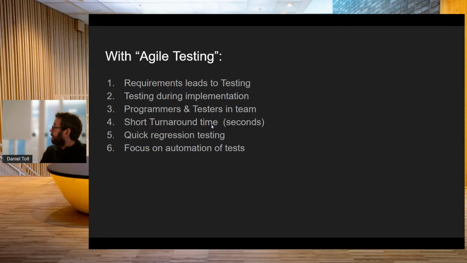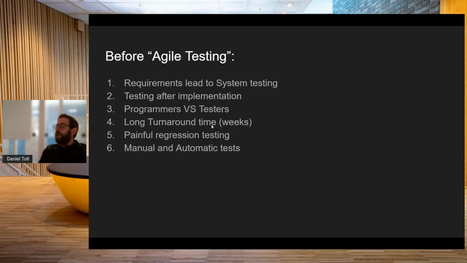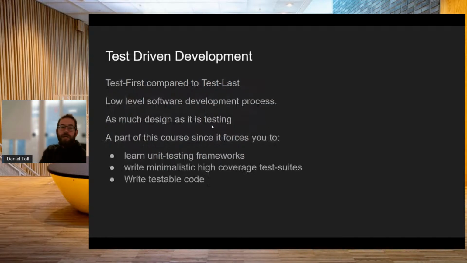So TDD fits very well into this picture. And TDD came up as a reaction to the non-agile testing. And TDD is a test first process. And okay, what do I mean by test first process?